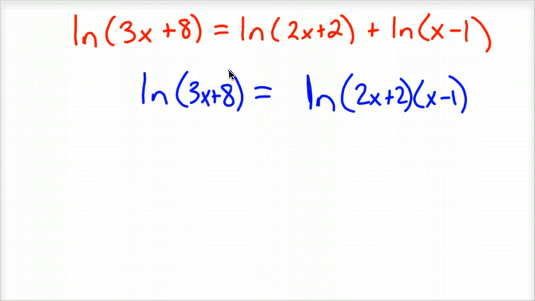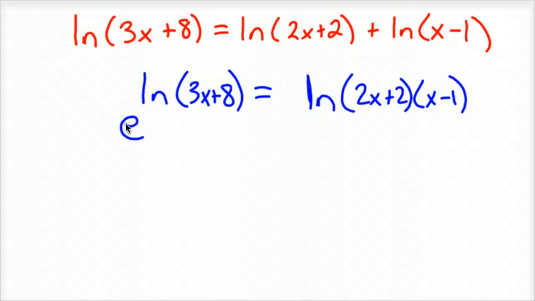Okay? Now, there's two ways to look at this to get rid of your natural logarithms, but let's just deal with one. You could convert the natural log to log base e and then convert it to an exponent, and everything kind of cancels out. But the inverse of a natural log is e to that power.